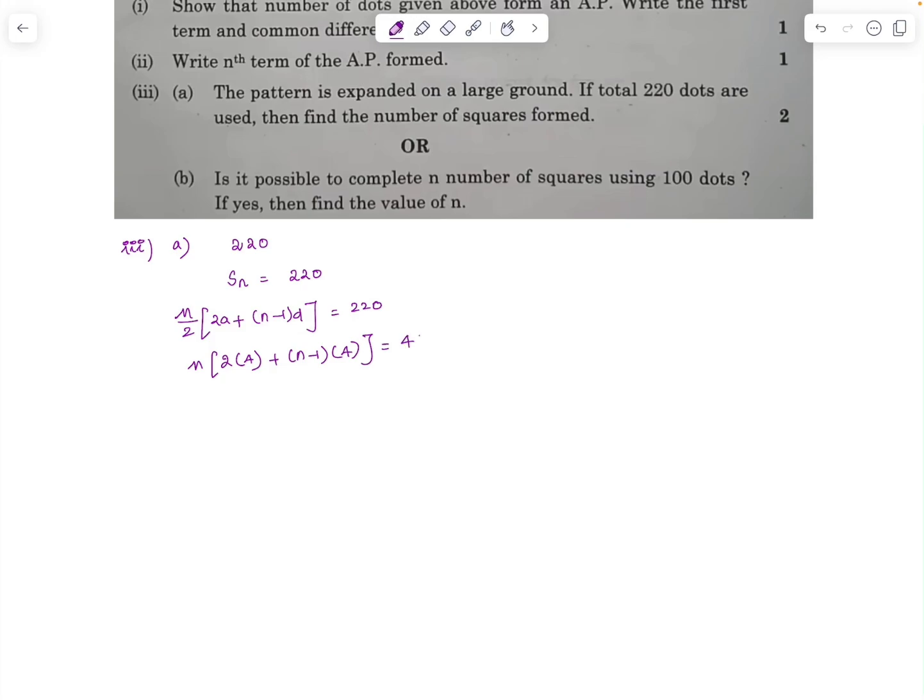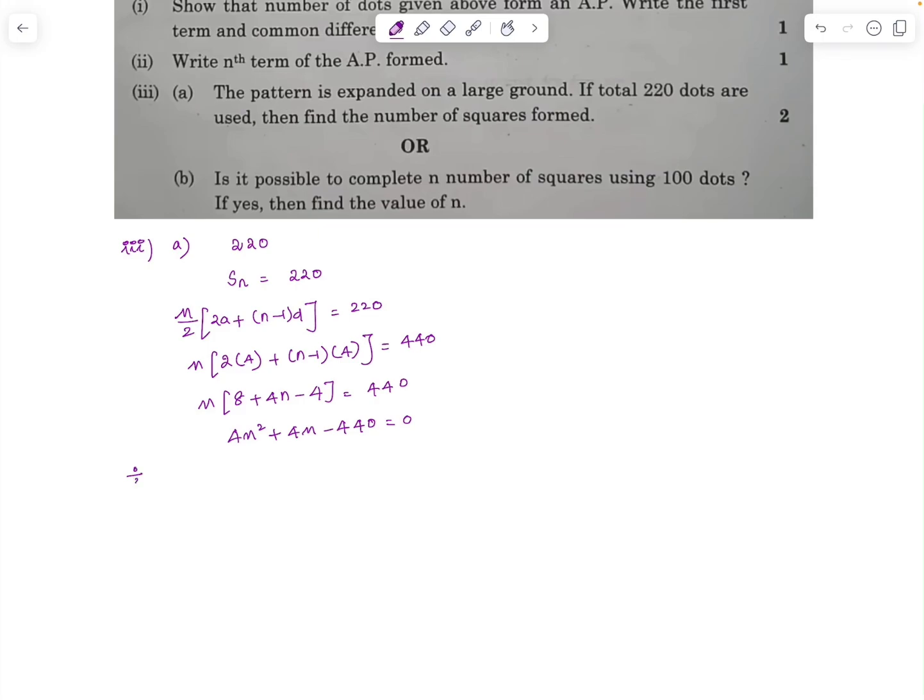We don't know n. a is 4 and d is also 4. Taking the 2 on the other side, the right side becomes 440. n times 8 plus 4n minus 4 is equal to 440. That is 4n square plus 4n minus 440 equal to 0.